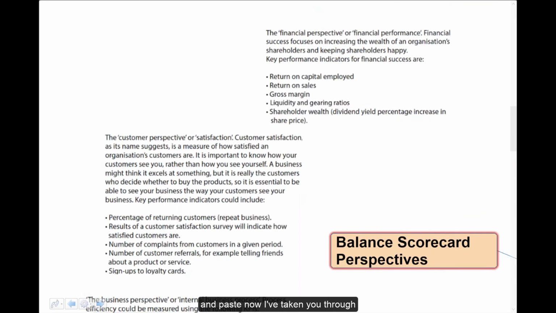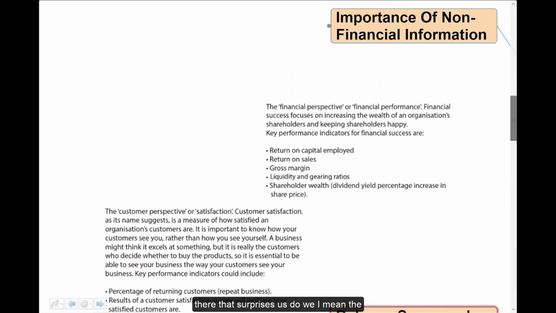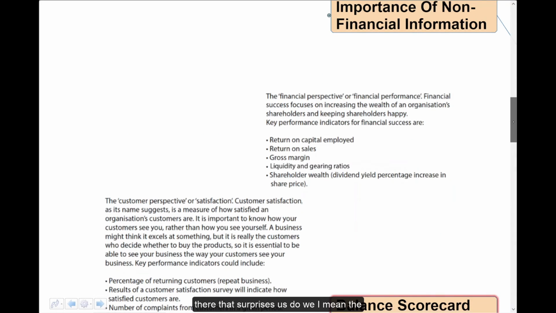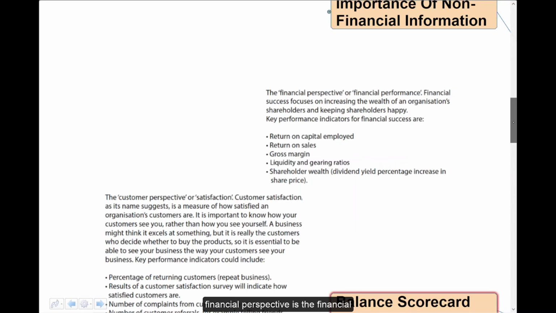Now, I've taken you through some examples up top, and I'll let you read these in detail. But you can see, if we look up top at the financial perspective, we don't really see anything there that surprises us, do we? The financial perspective is the financial perspective.